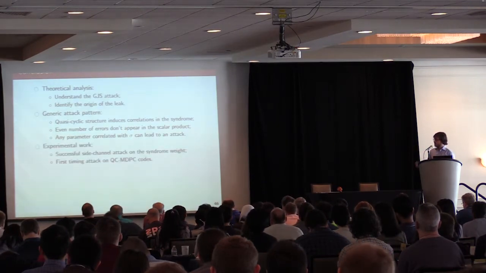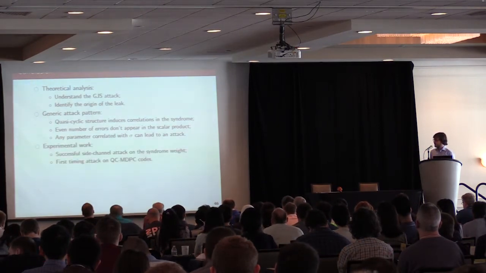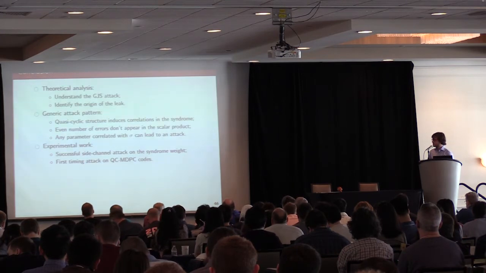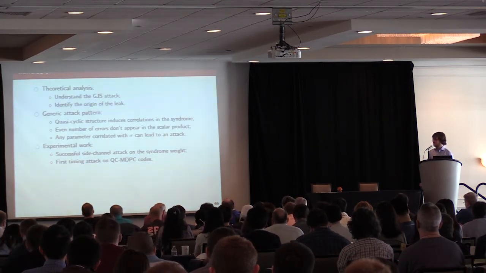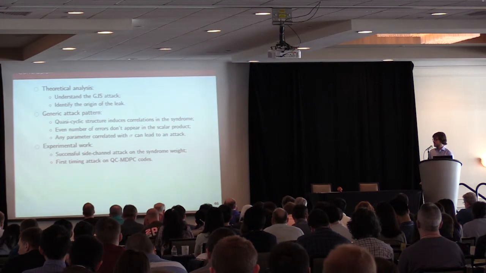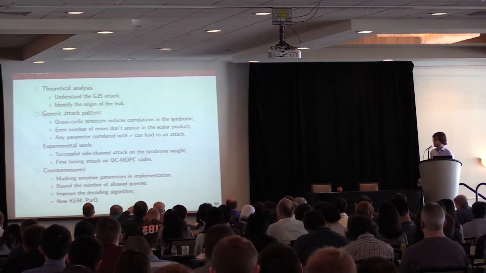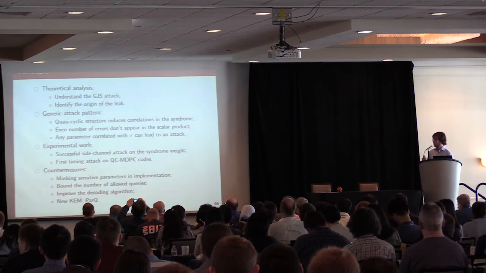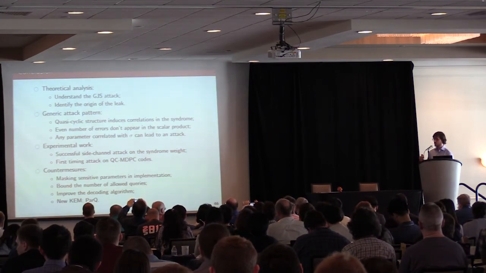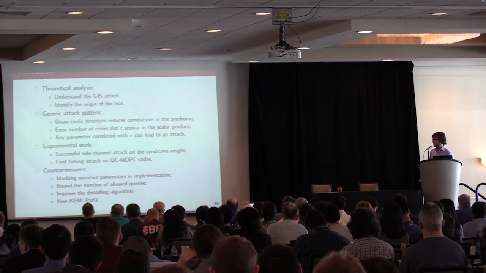We've performed some experimental work with this side channel attack on the syndrome weight and this timing attack on the QC-MDPC codes. And we proposed some countermeasures which include this bound on the allowed queries, for which we can now give an estimate, and a new key encapsulation mechanism.